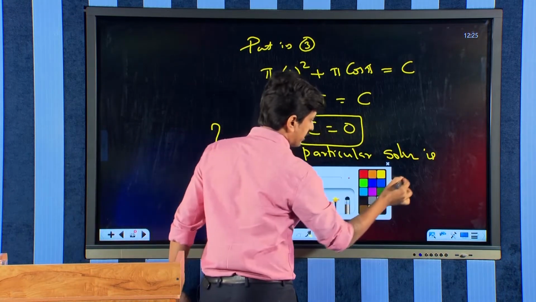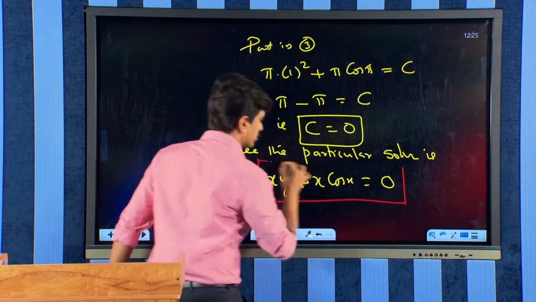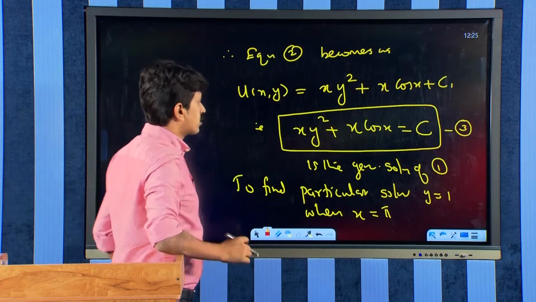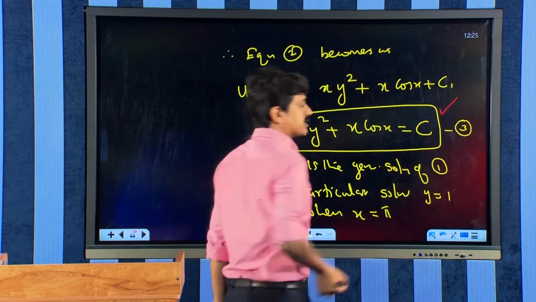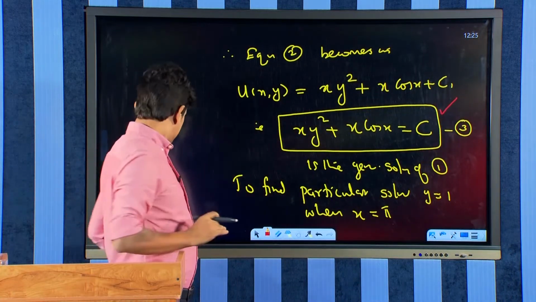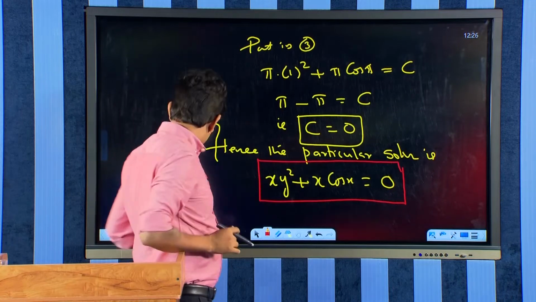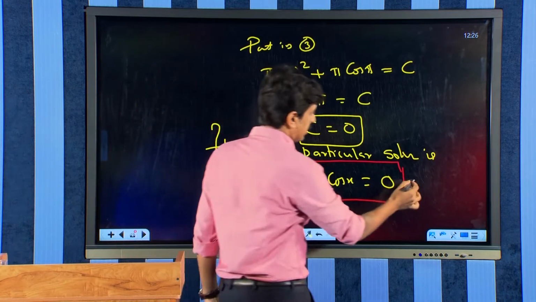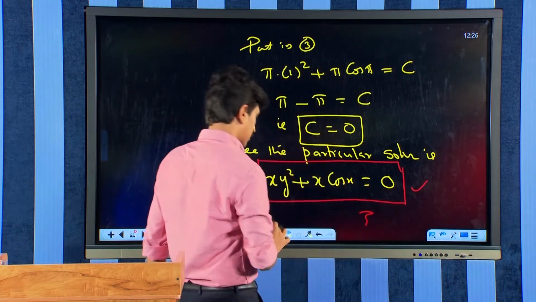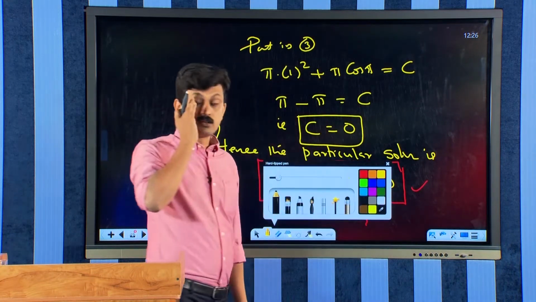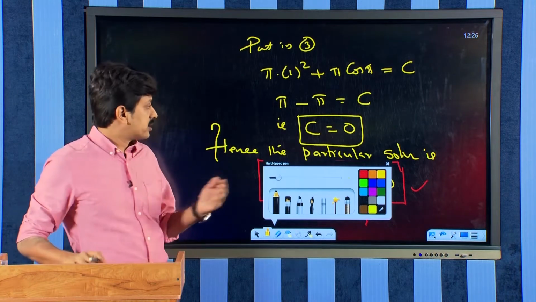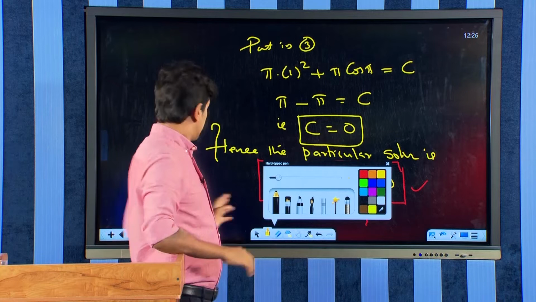So this is the general solution of the given differential equation, and in the particular case whenever y is equal to 1 when x is equal to pi, this is the particular solution of the given differential equation. Okay, fine, we can just move to another question.